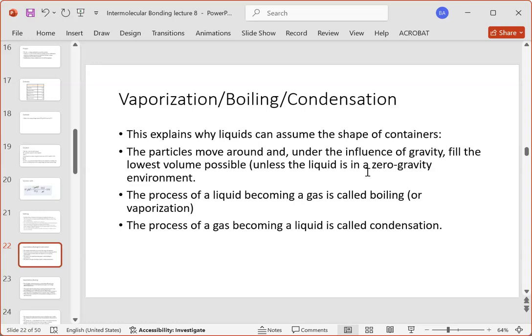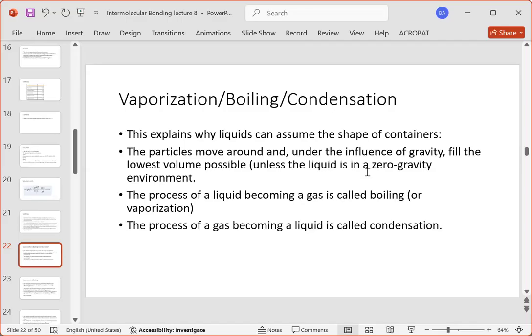We have the ice block, giving it energy, then it changes its phase and goes to a liquid phase. Then you give it more energy, put it on the stove, and it becomes a gas. The gas escapes and goes up.